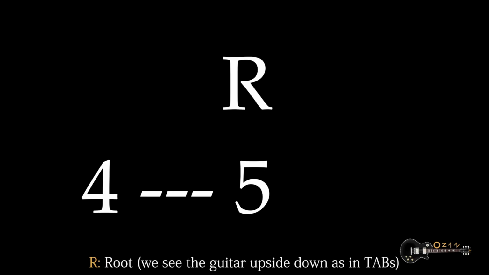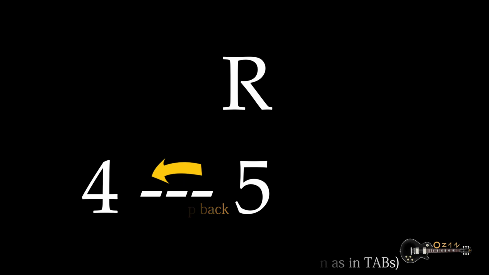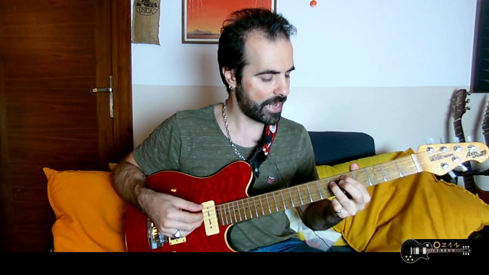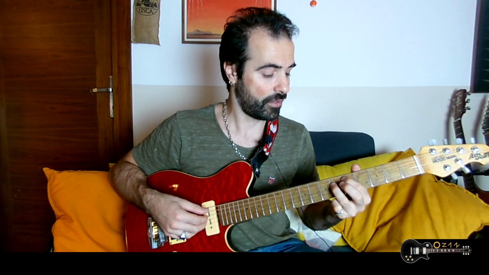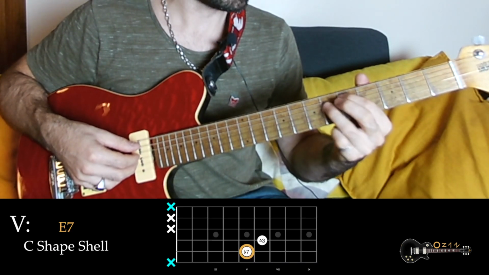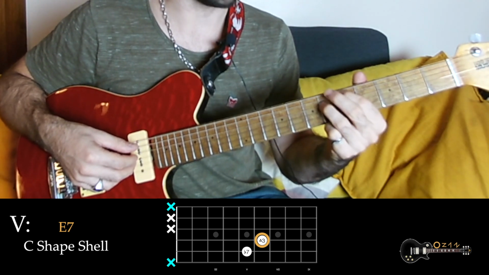Namely, if the 1st degree is here, then the 5th degree is above, and the 4th degree is 1 whole step lower. If I move this shape 1 string above, then it should give me a 5 chord. And namely, it is a 5 chord, because this is the flat 7 of E, and this is the third of E.